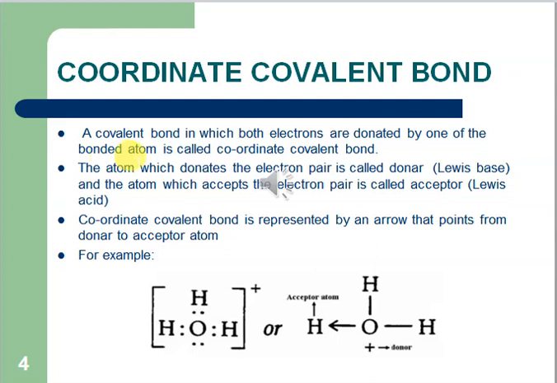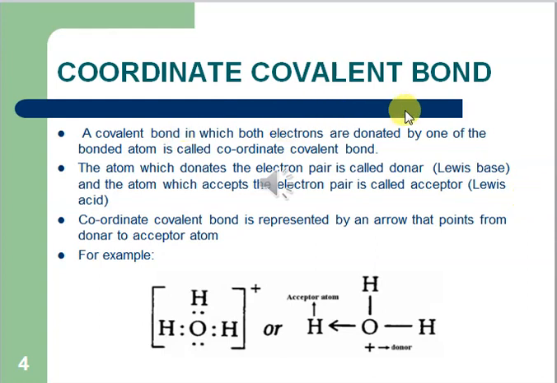In a coordinate covalent bond, the atom which donates the electron pair is called the donor. It's also known as the Lewis base. And the atom which accepts the electron pair is known as the acceptor, also known as the Lewis acid. If you keep in mind the Lewis concept of acids and bases, any species that can donate an electron pair is called a Lewis base, while any species that can accept an electron pair is called a Lewis acid.